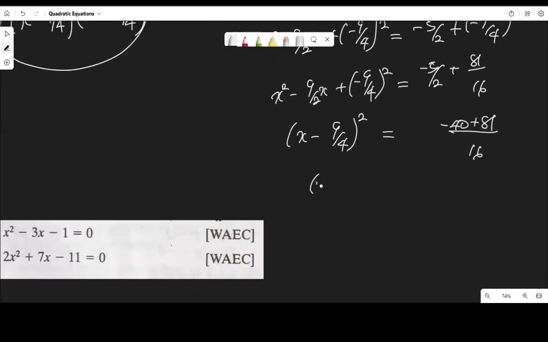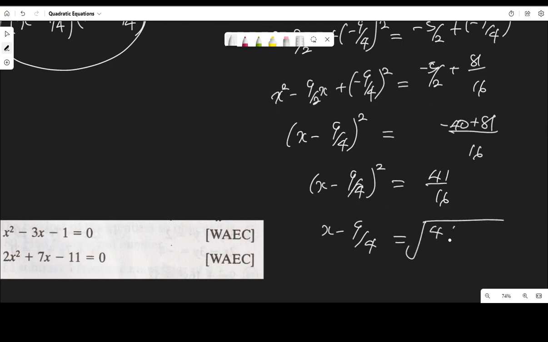Meaning s minus 9 over 4 squared is equal to minus 40 plus 81 is 41 over 16. Therefore, s minus 9 over 4 is equal to square root of 41 over 16.